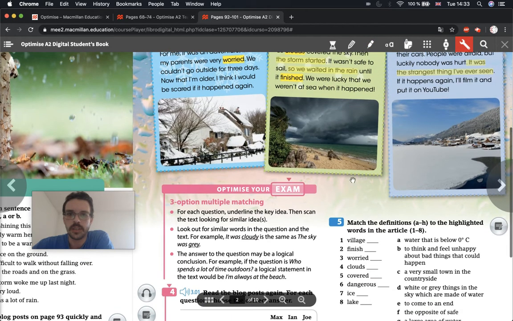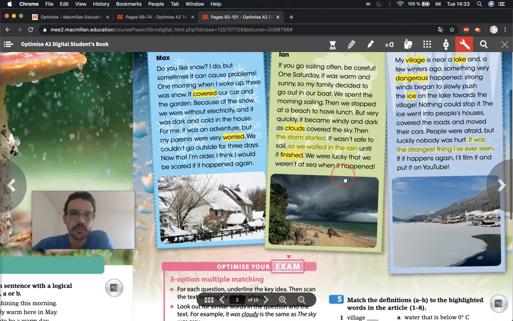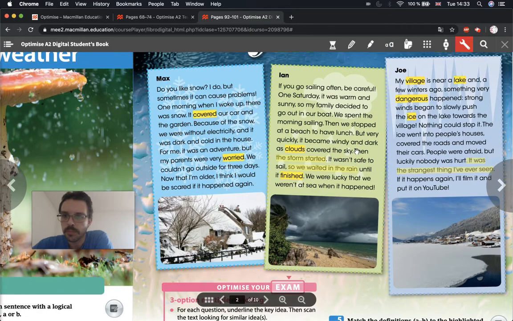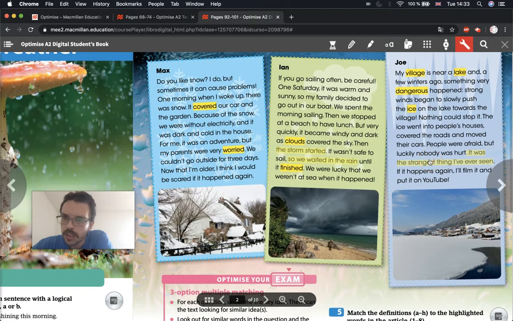Let's have a look. Well, here they're on a boat. Joe doesn't say there's anything about staying in the house.